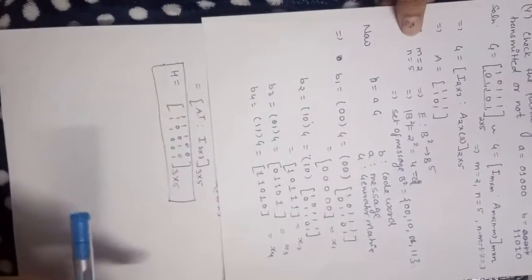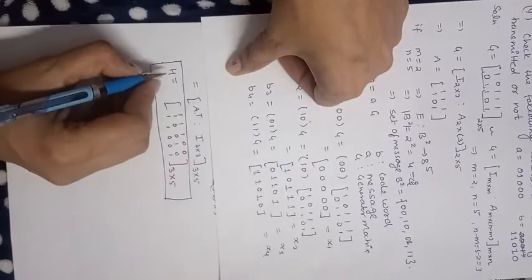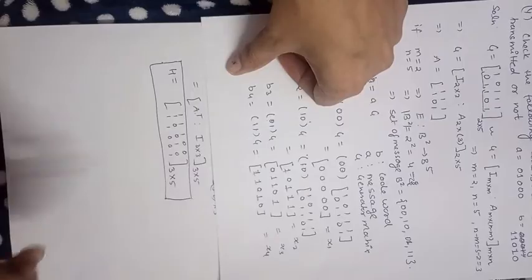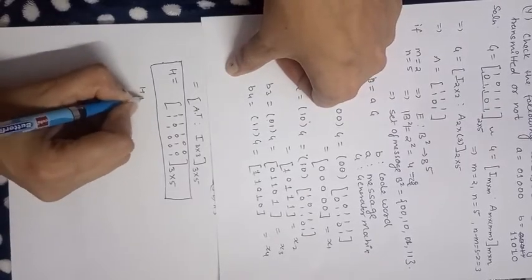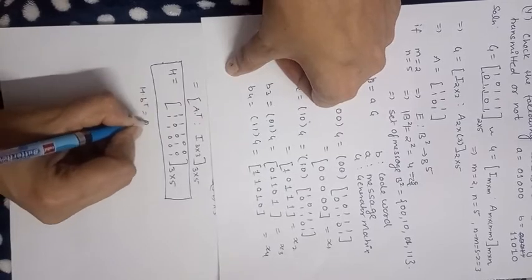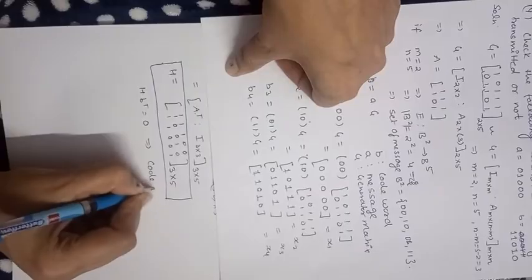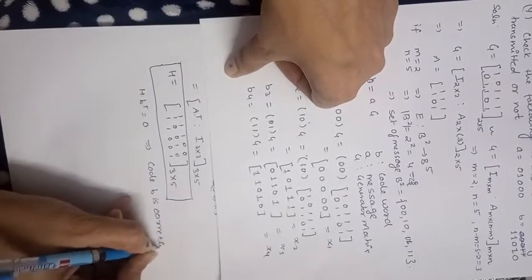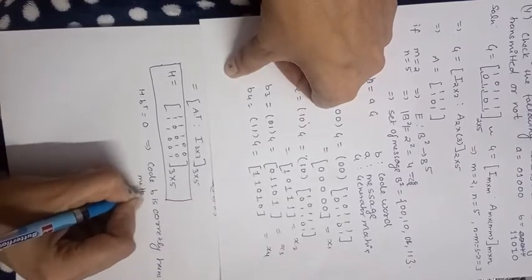As we know, based on this parity check matrix, we know the relation between the code word and parity check matrix: if H into B transpose is equals to 0, then we can say code B is correctly transmitted.